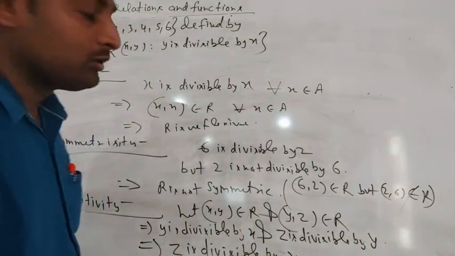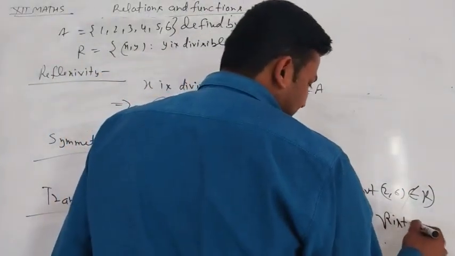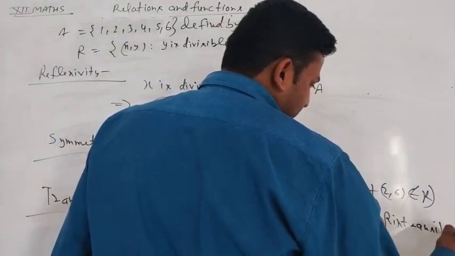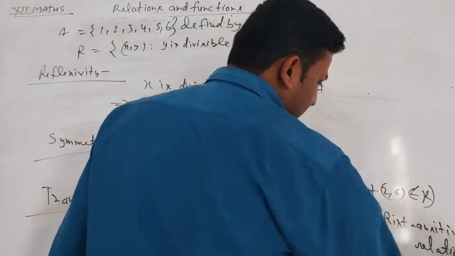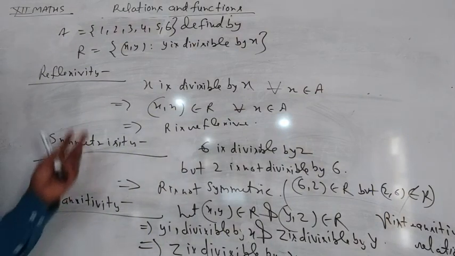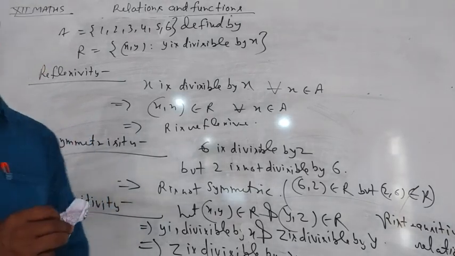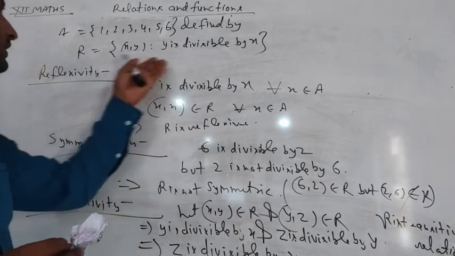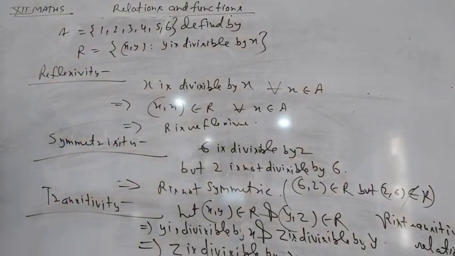So we can say that our R is a transitive relation. Okay, students, so I hope you understand. So in this way we can check reflexivity, symmetricity and transitivity of a given set on the defined relation. Okay, I hope you understand.